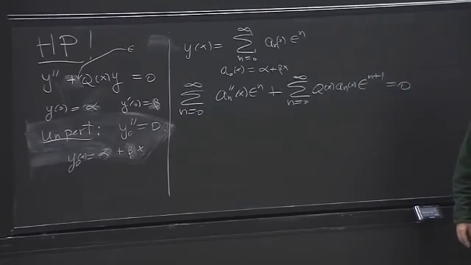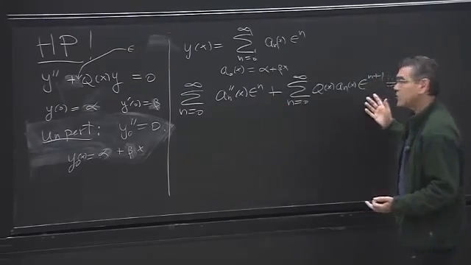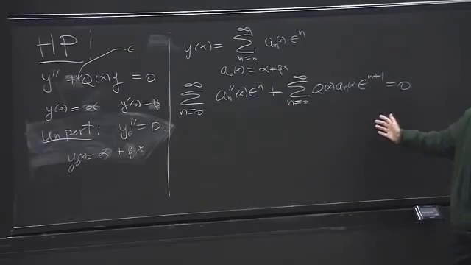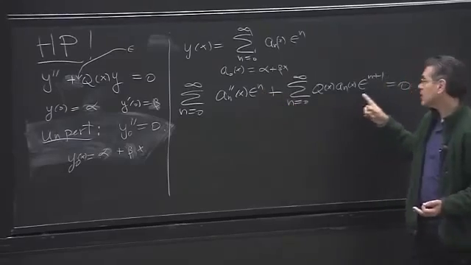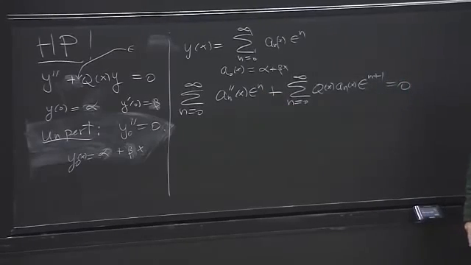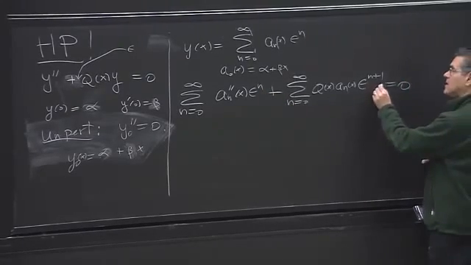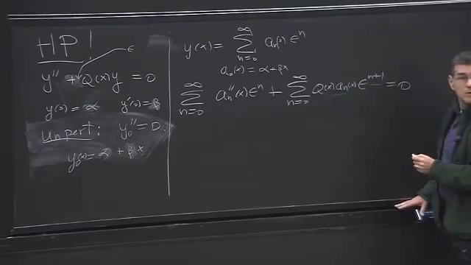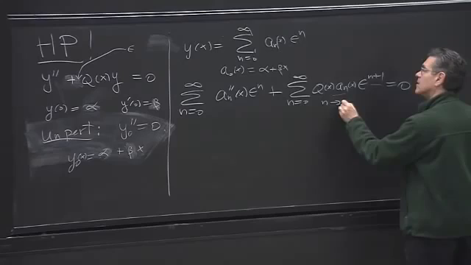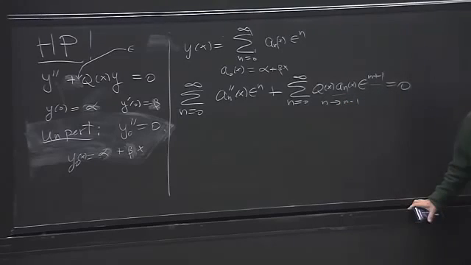Now, you know what we're going to do next. We're going to compare powers of epsilon. But here's an epsilon to the n, and here's an epsilon to the n plus 1. So I propose to lower n by 1 in this equation. Let's replace n by n minus 1.